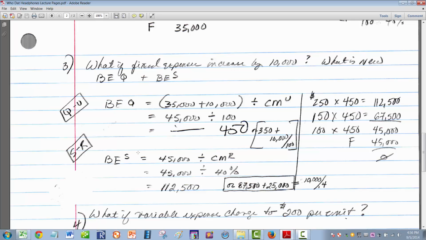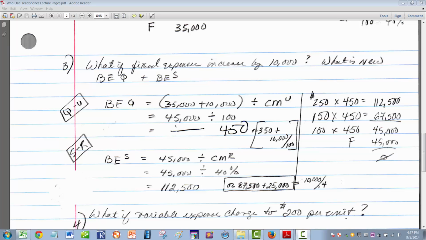Or we can do the sales, which would be $45,000 divided by the contribution margin ratio, or $112,500. Or you could simply take 10,000 and divide it by the 40%, and that will immediately give you the additional break-even sales you need.